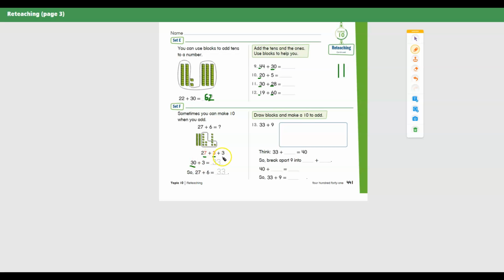Then you have to add the remaining 3. 30 plus 3 is equal to 33. It will be the same answer for 27 plus 6. We are still adding the same amount, we just broke the problem into different numbers.